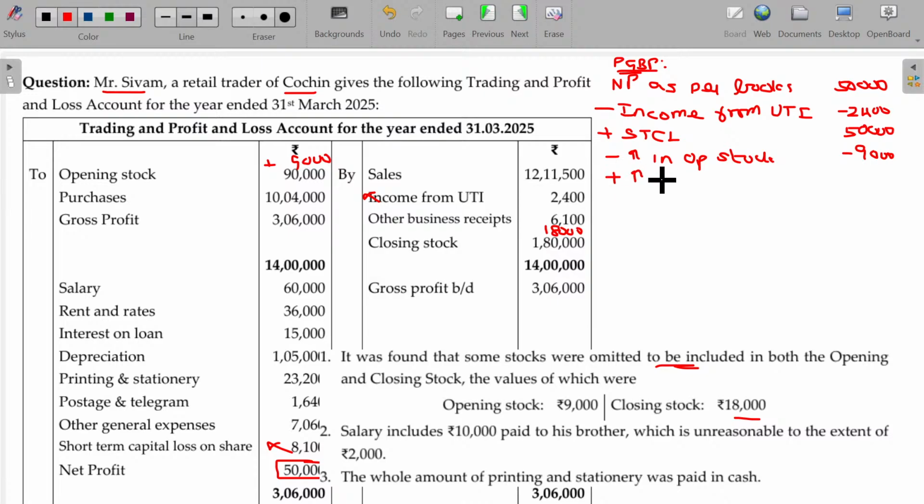So increase in closing stock, this value being 18,000. Net effect 8,100.